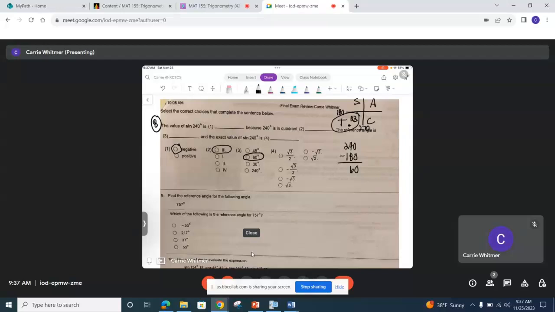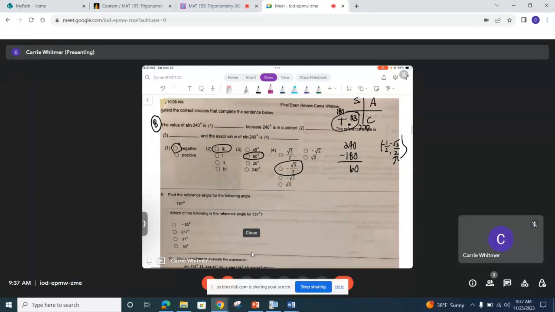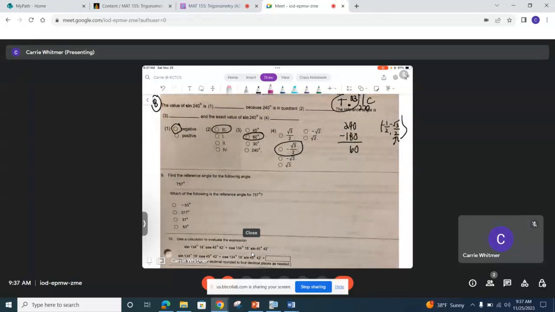And at 60 degrees, your ordered pair is 1/2, radical 3 over 2, but we're in quadrant 3 where everything is negative. Okay, so my sine value is the y coordinate, so it's going to be negative radical 3 over 2. And you can use your unit circle on the test if you want to be able to get those ordered pairs if you don't have those down.